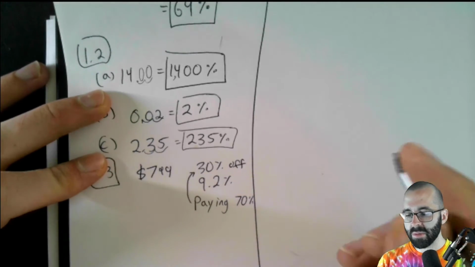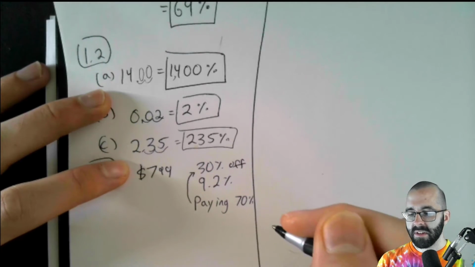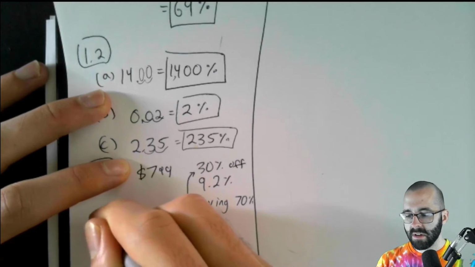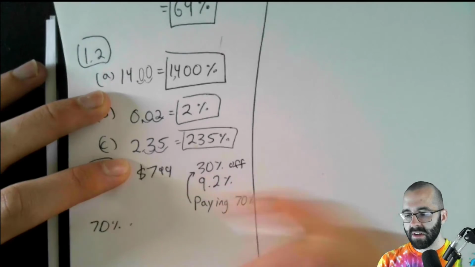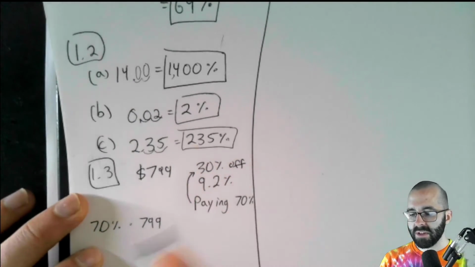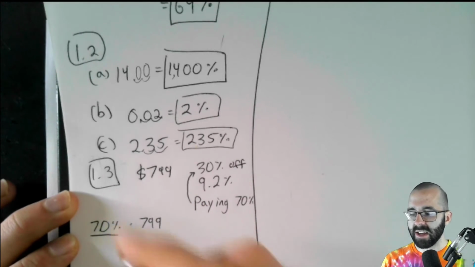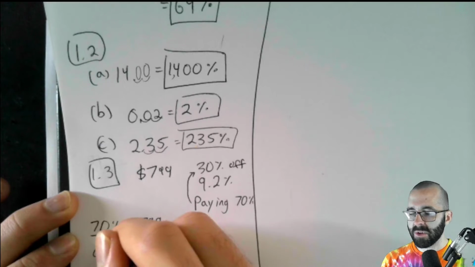So first off, let's apply the discount. We are paying 70% of $799. But it's really hard to multiply with percents. It's easy to make a mistake. So let's convert this to decimal.